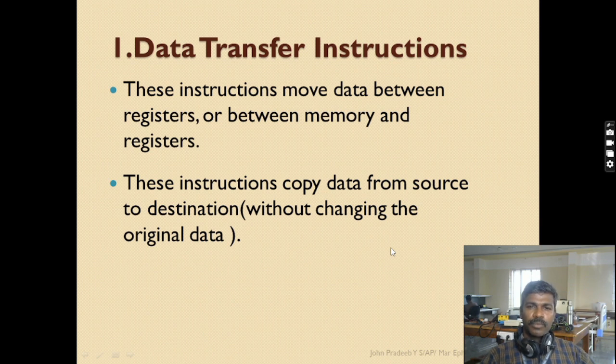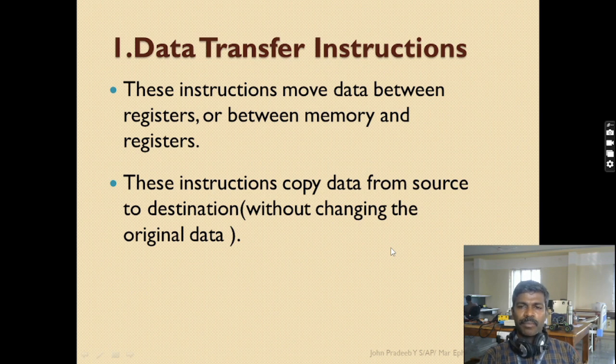Now we can see the data transfer instructions. These instructions move data between registers, or between memory and registers. I already said the introduction about data transfer: data is moved from register to register, register to memory, or memory to register.